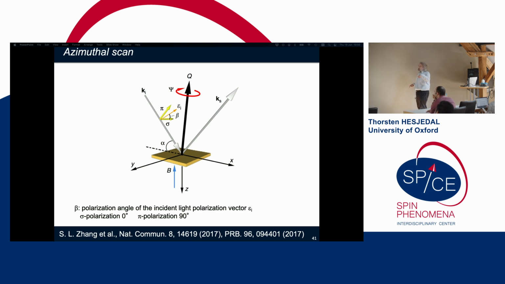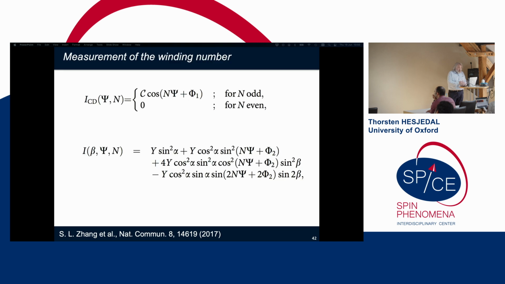That is with respect to sigma polarization, which is horizontal, and turning that up 90 degrees would represent pi polarization.